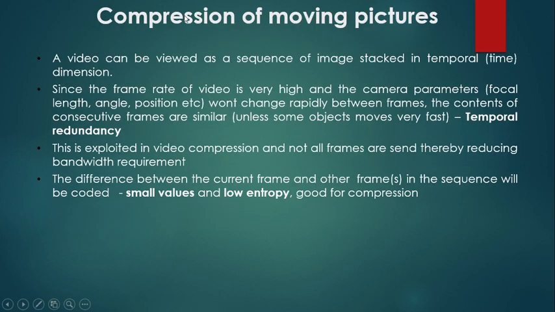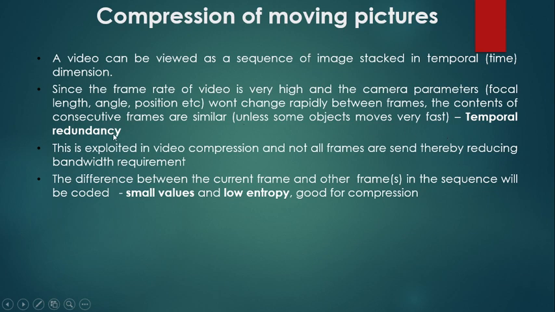When we view the principle of how MPEG takes place, we can see that a video can be viewed as a sequence of images stacked in the time dimension. Since the frame rate of a moving picture is very high, and the camera parameters do not change rapidly, the contents of the frames are going to be similar.